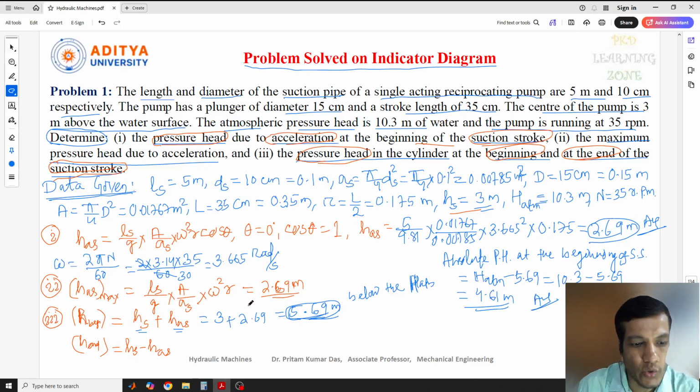For the end of the stroke, similarly, we can calculate the absolute pressure head in the cylinder at the end of the suction stroke. You write HS minus HAS, as I told you.